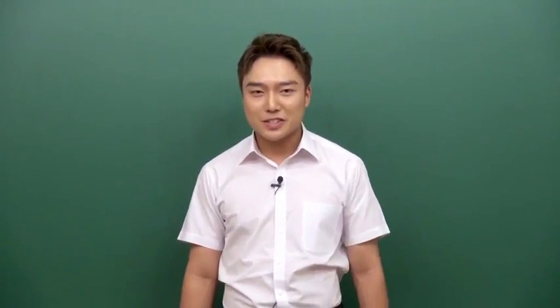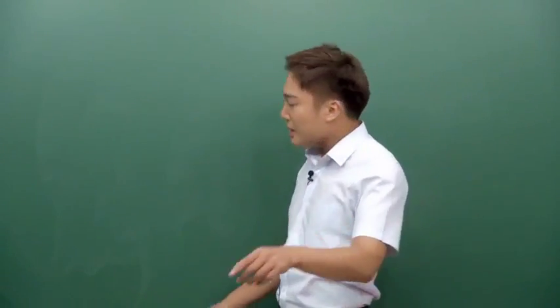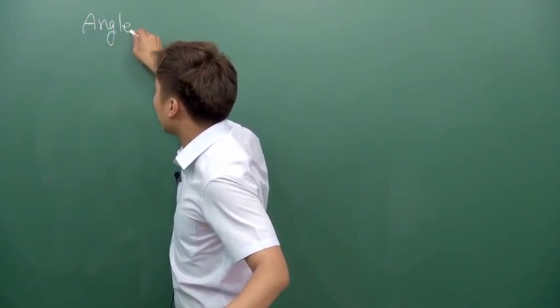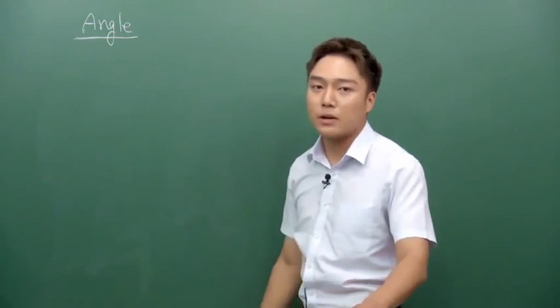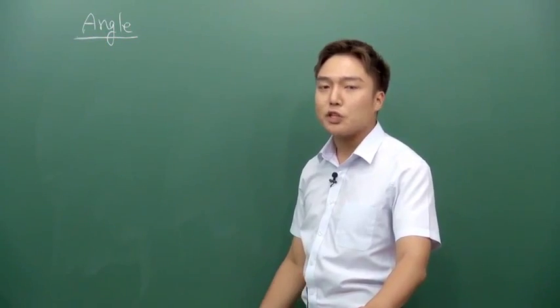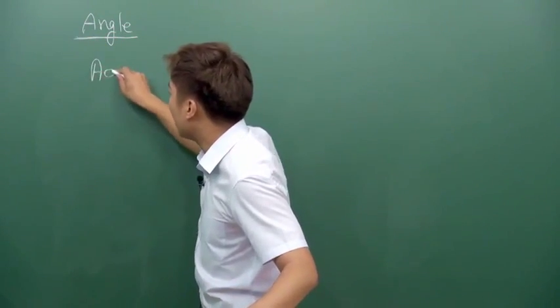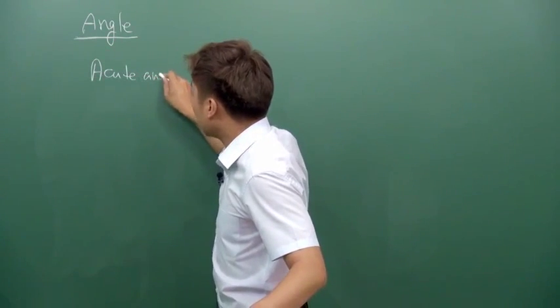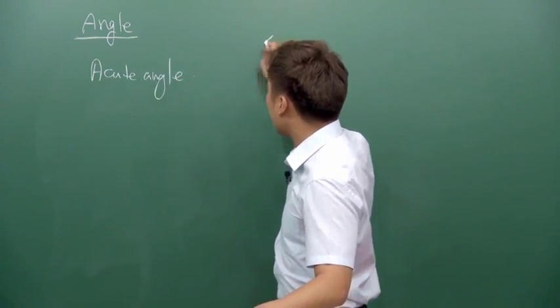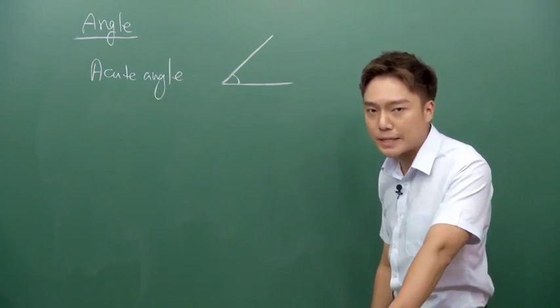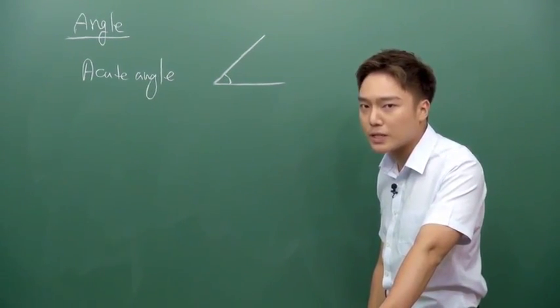Let's look at some angles. The angle is what you need to know first, okay? There are different types of angles that you need to know the names of, okay? So there's first the acute angle. What is the acute angle? Acute angles are angles that are smaller than 90 degrees, okay?